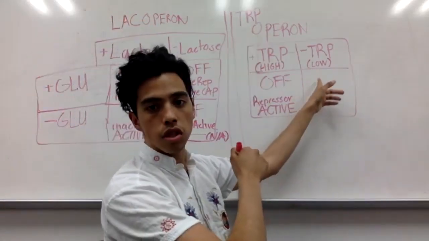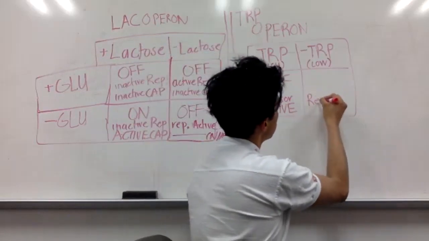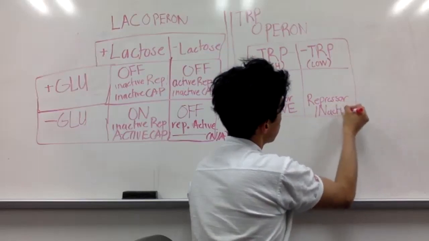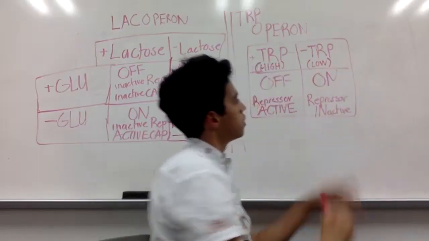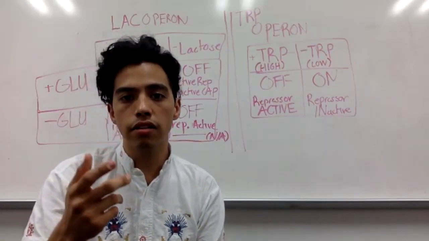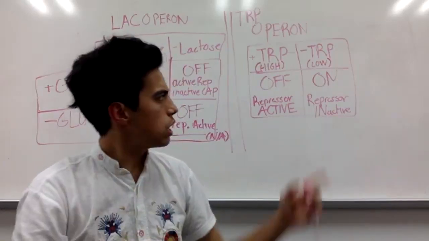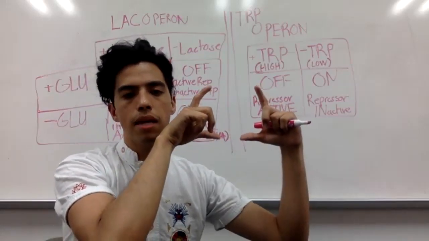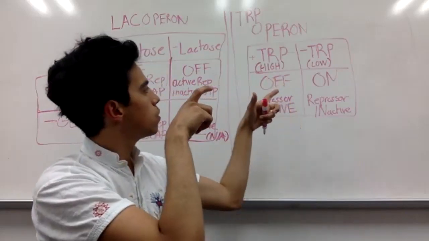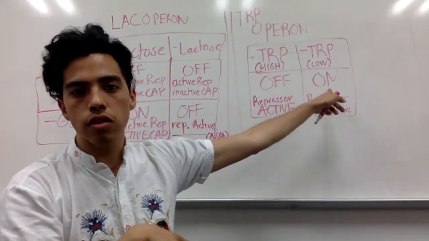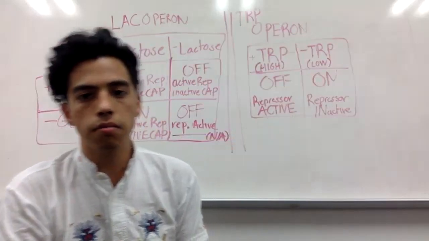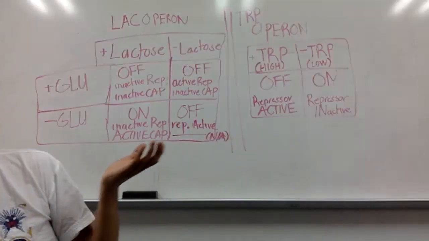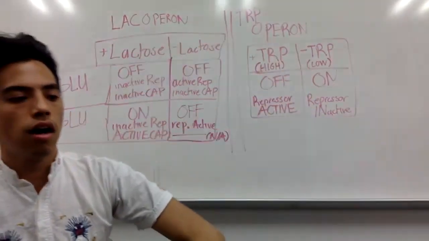In the case of low tryptophan, the repressor is inactive, because there's no tryptophan to bind to the repressor and make it active. So that's when the operon is on. And that's basically a summary of the lac operon and the trp operon.